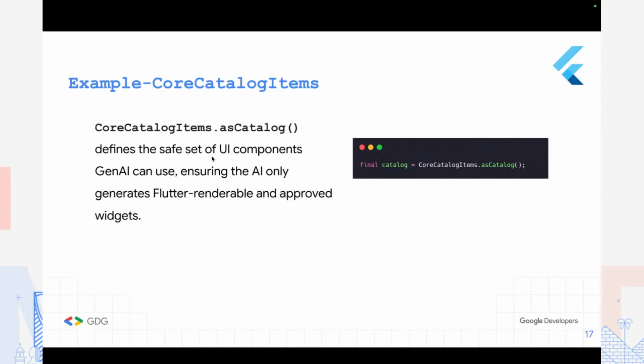It defines the safe set of UI components the Gen AI can use, ensuring that the AI only generates Flutter renderable and approved widgets. Anything other than this will throw an error and will not render the UI properly. That is the reason we need to have this, so that anything outside of this can be easily caught in the catch block of error handling.